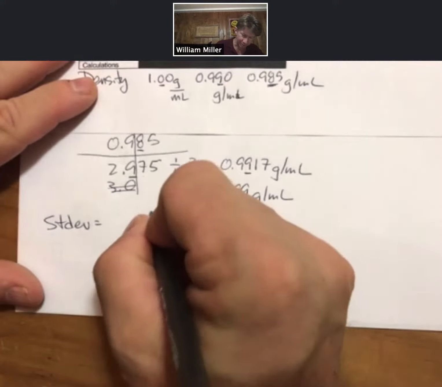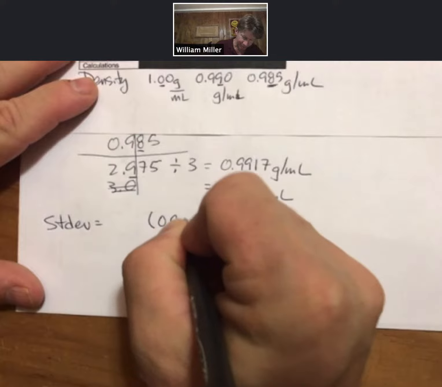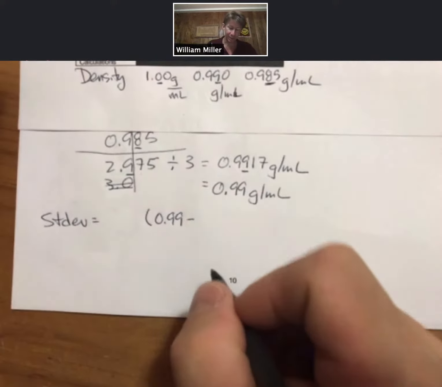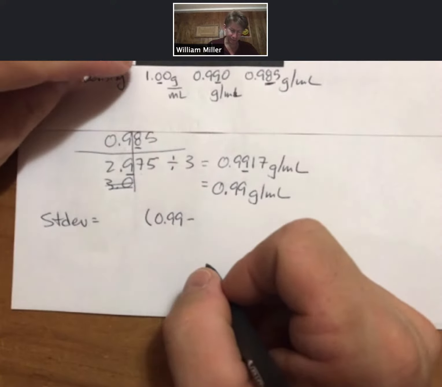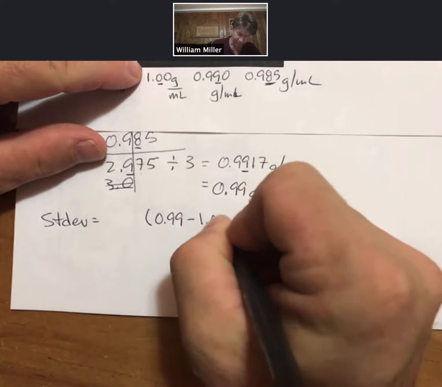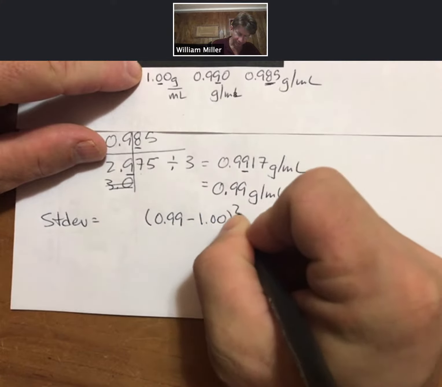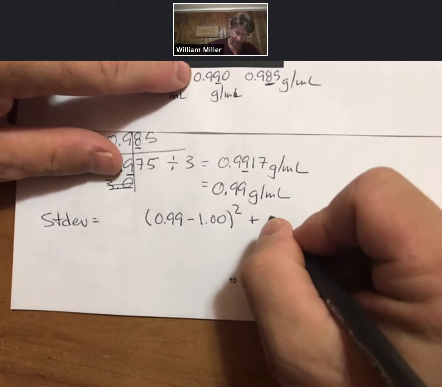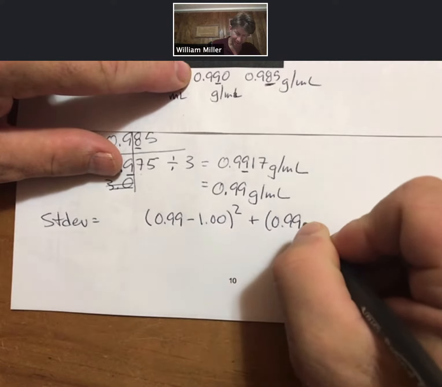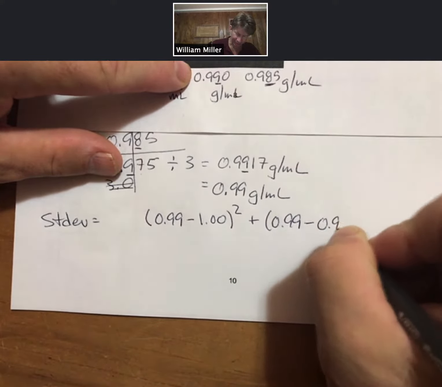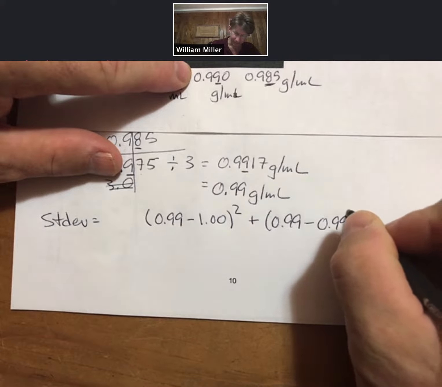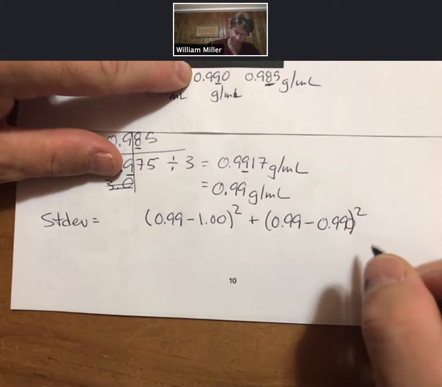0.99, and I'll leave out my units for the calculation part, minus 1.00 squared, plus 0.99 minus 0.99 squared. We can leave that 0 in there.